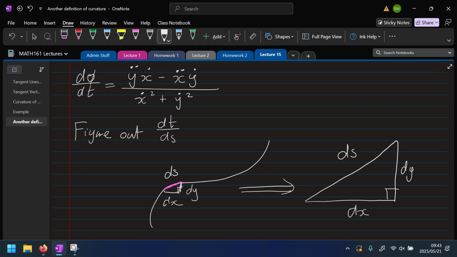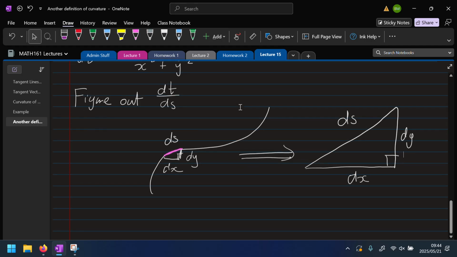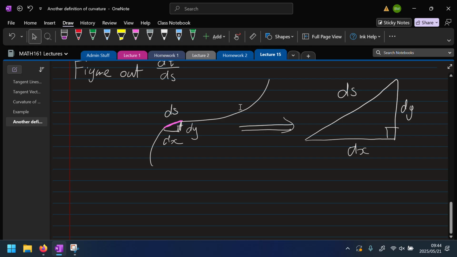Everyone see what we did there? Now we have a right angle triangle. We can just use Pythag. So ds squared is going to be dx squared plus dy squared.